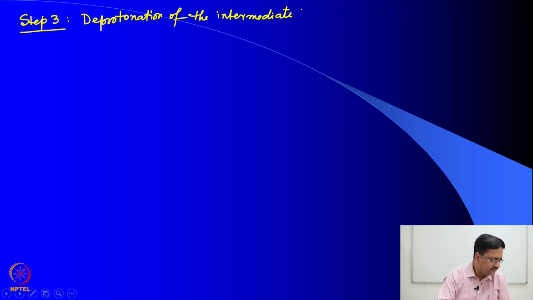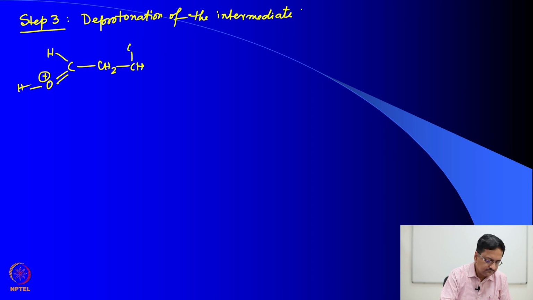So, when you have this intermediate as I had drawn in the previous slide, you see that there is OH plus, and in the medium we have methanol to abstract the proton.